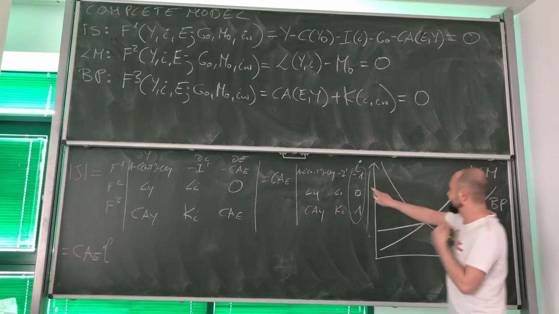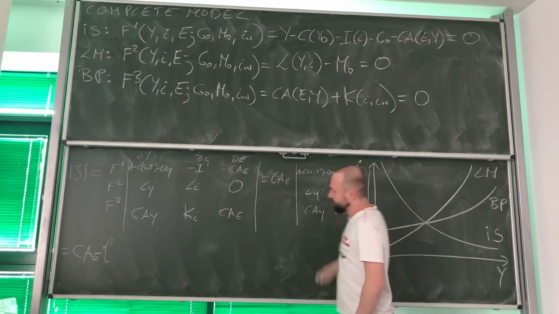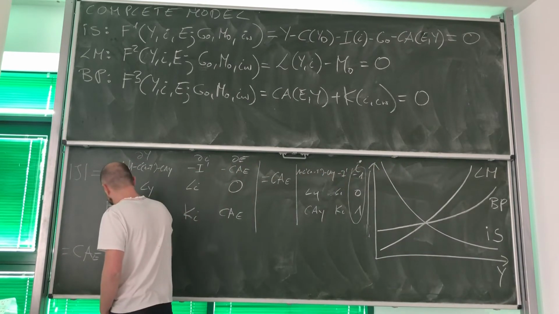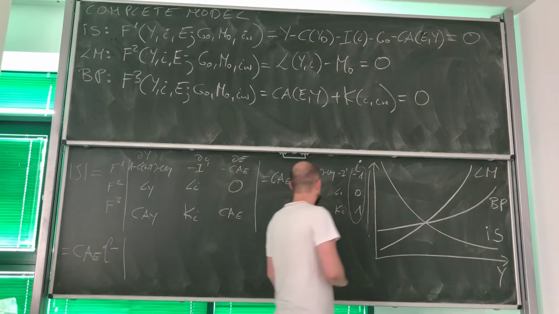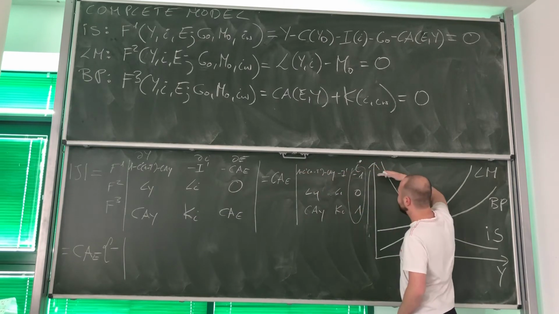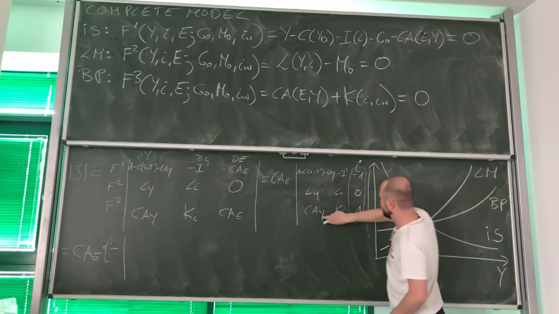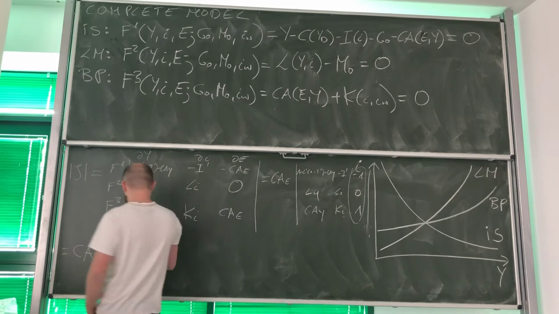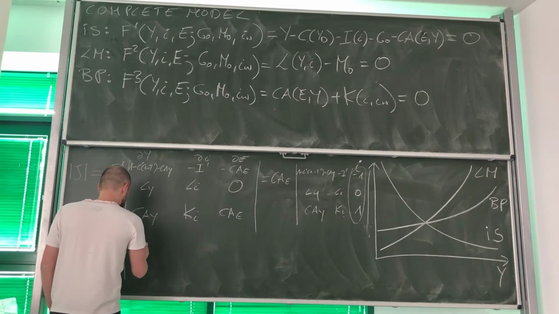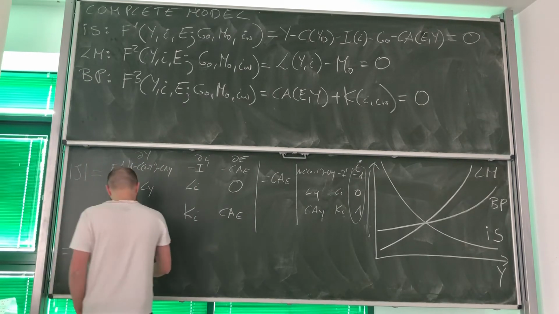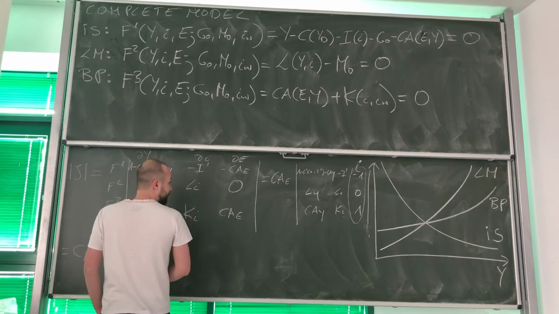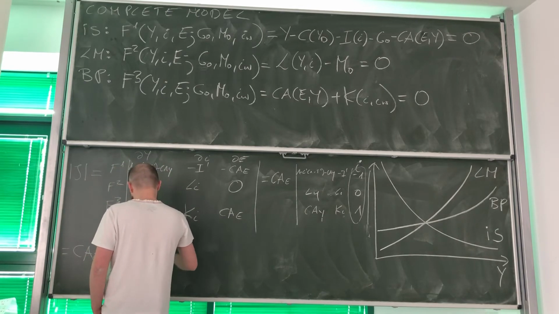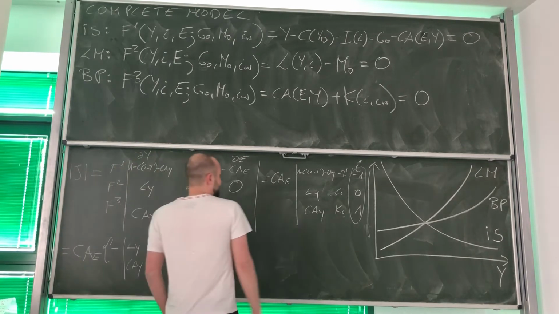So this element, first row, we got just negative 1 in front of, if I'm deleting first row, third column, this: L_Y, L_I, CA_Y, K_I.